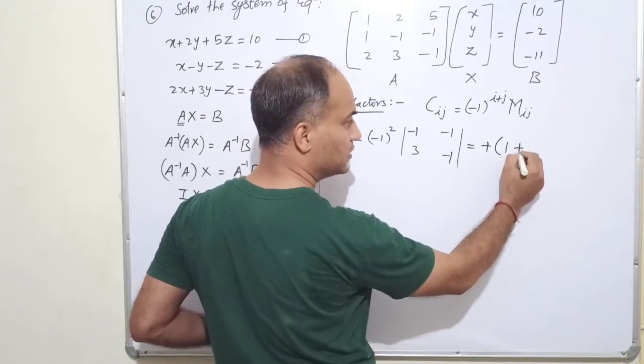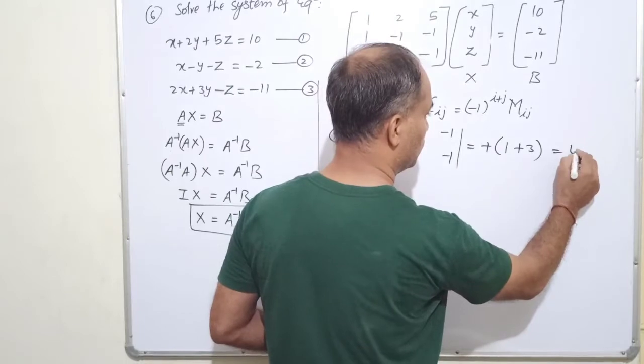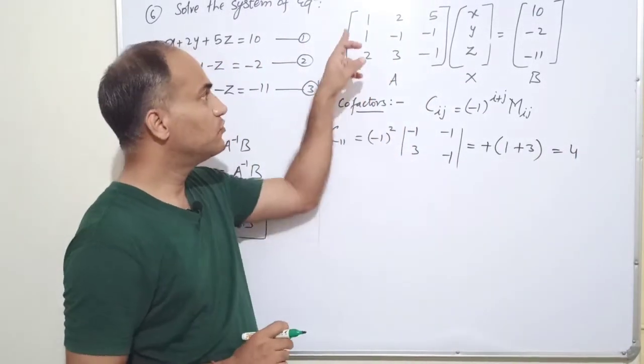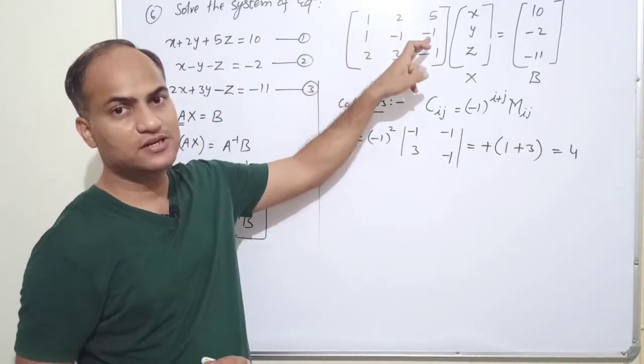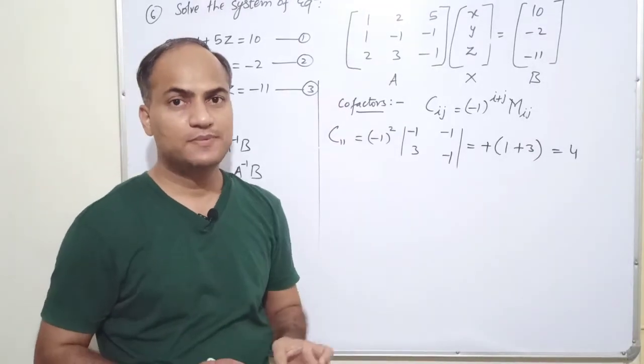When we subtract, this becomes plus 3. Okay, so 3 plus 1, 4. So C11 is 4. This is the first cofactor for this element. Now we have to find cofactors for all these elements. We will write them and we will see what happens next.